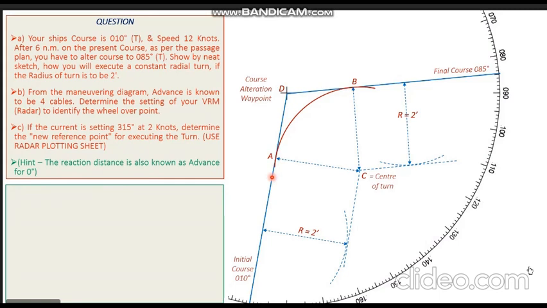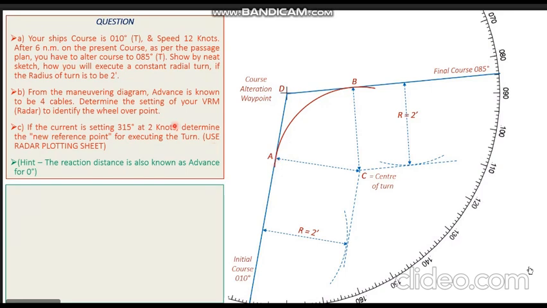The reason for that is that whenever a helm order is given, the vessel takes some reaction time and it travels some reaction distance before which it starts to alter its course. The rudder order which is given is not implemented in the motion of the ship immediately, but it takes some time for the ship to react to that helm order. So the helm has to be given, the rudder has to be put over the reaction distance before point A, point Alpha.